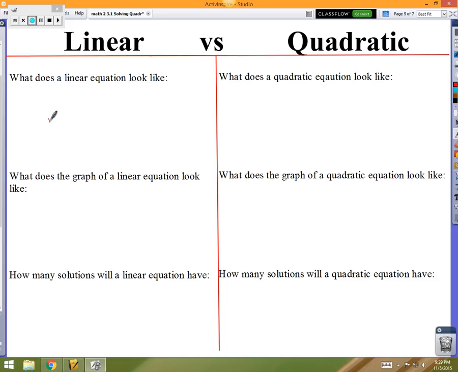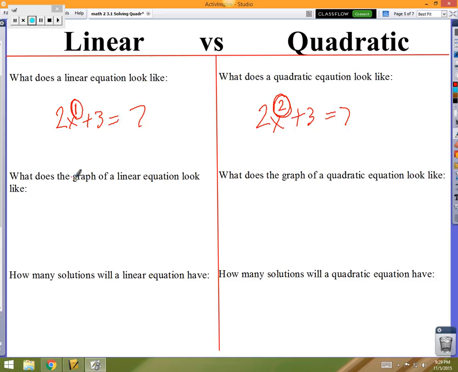It looks like this. 2x plus 3 equals 7. A quadratic equation looks like this. 2x squared plus 3 equals 7. So the difference is the exponent. If the exponent is 2, it's a quadratic. If the exponent is 1, it's linear.